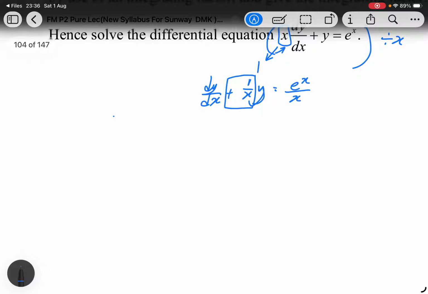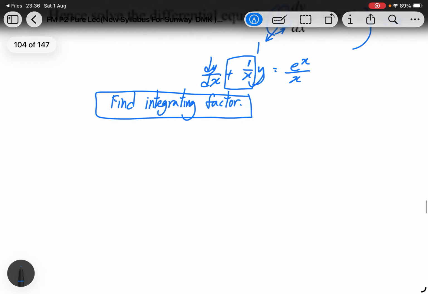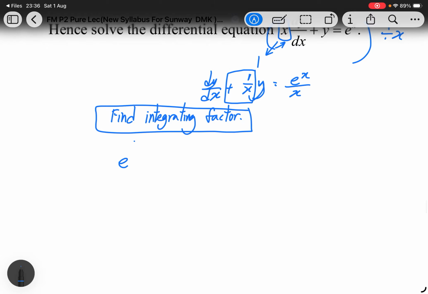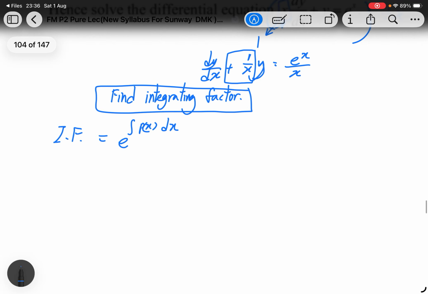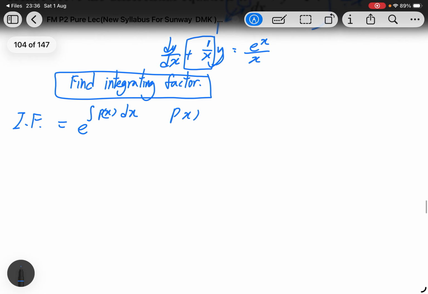Because we need to find the integrating factor. The integrating factor is e to the power of the integral of P(x) dx, and P(x) is just the coefficient of y.